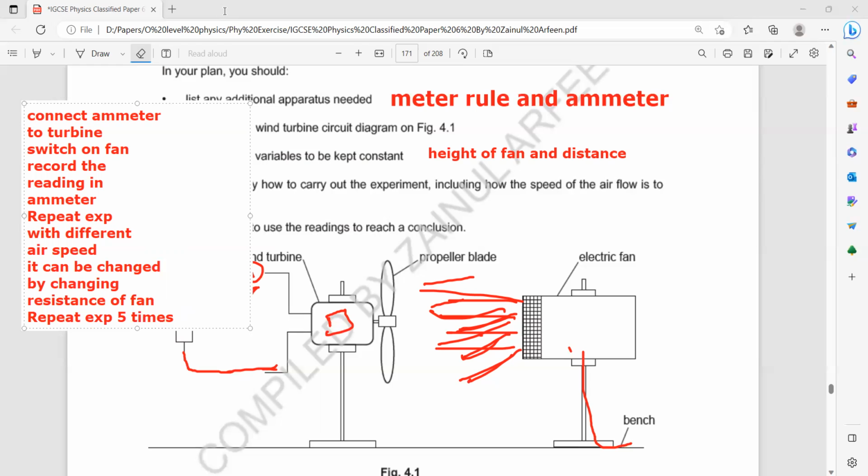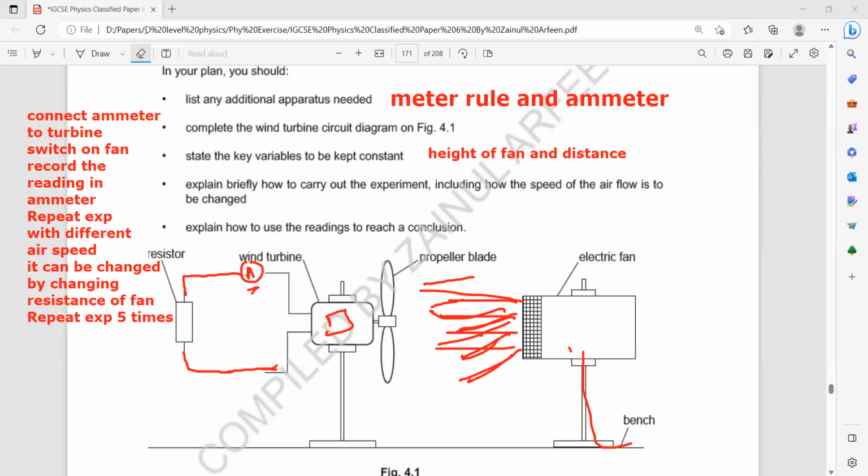Repeating the experiment 5 times is always a valid point. So whenever such an experiment is there, always mention that you repeat the experiment, or at least take 5 sets of data, or 5 sets of results.